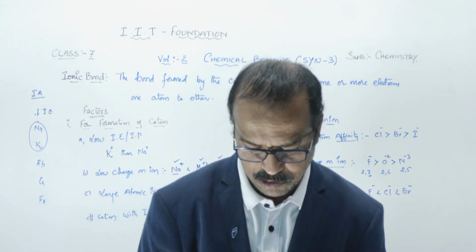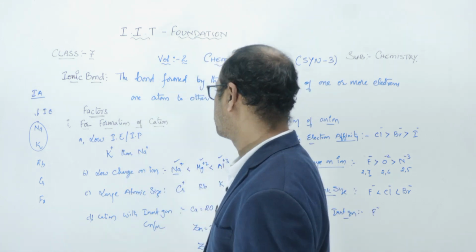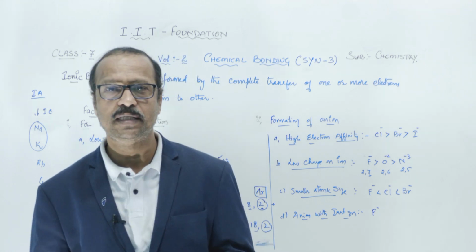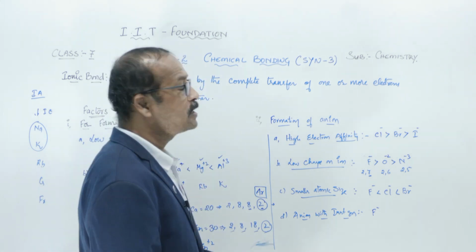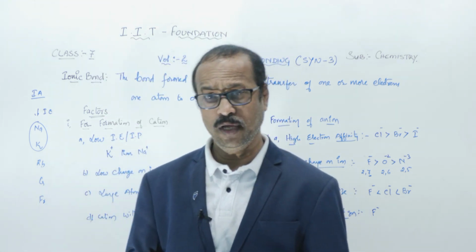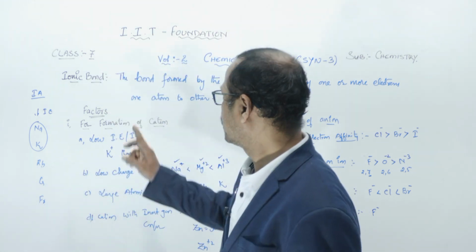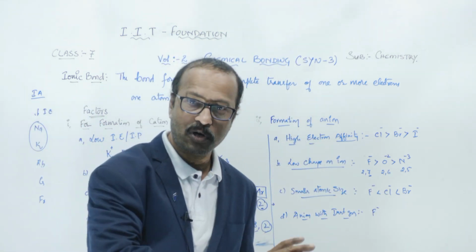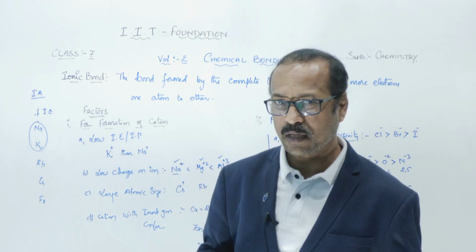Properties is very simple, students. Here, ionic compounds properties. Ionic compounds are generally solid in state. Very simple, I'll explain it. Ionic compounds, like what I've written, sodium chloride, magnesium oxide, magnesium chloride, calcium oxide, calcium chloride, all these are the ionic compounds.